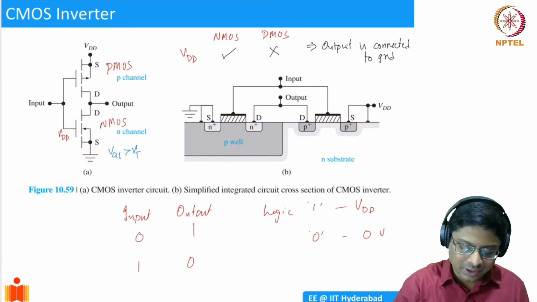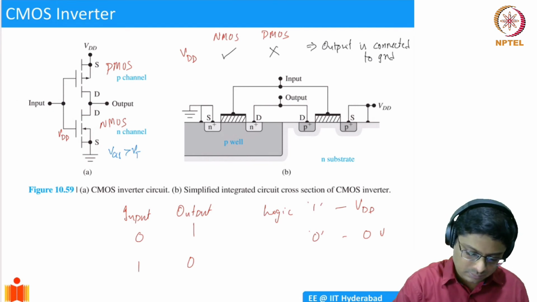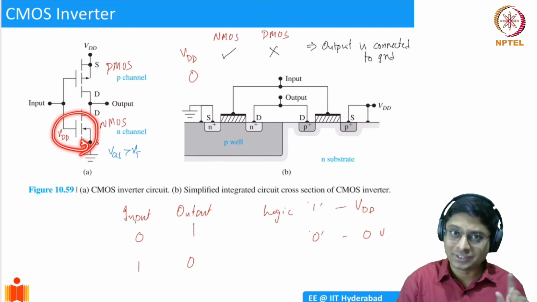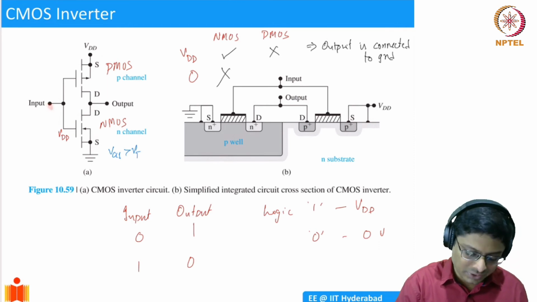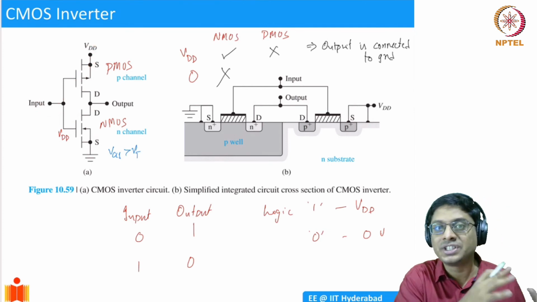Now what happens when your input is 0? What is VGS of the NMOS device? It is 0, which is less than VT. So the NMOS device is going to be off, whereas for the PMOS device the input is 0, so VGS is minus VDD, which is less than minus VT of the PMOS.